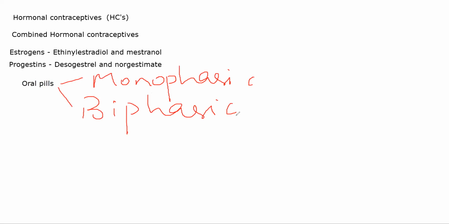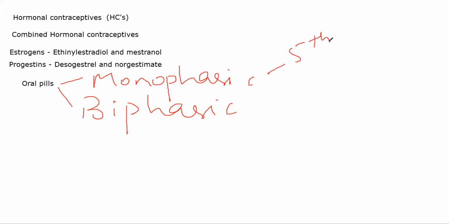Now monophasic pills, these are started on fifth day. ठीक है, fifth day of menstrual cycle. If you take an average, menstrual cycle can vary between 21 to 35 days. On an average, it is taken that 28 days is taken as an average. ठीक है, on an average एक normal lady में menstrual cycle will be for 28 days, but it will vary. Okay, in some patients it will be lesser, in some patients it will be higher.